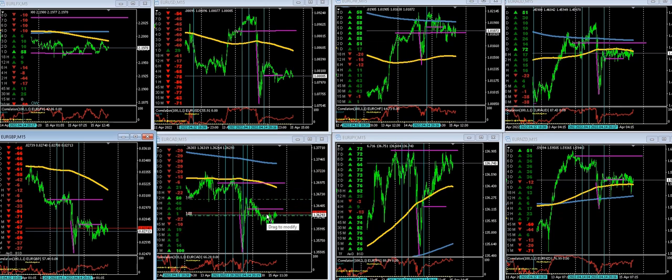Euro looks like it still needs to come back to it, because during this time Euro Swiss was validating it. So that should suck Euro back into this. Euro looks like it has to come back here. Euro CAD has to come back to the old level. Why do we know that?